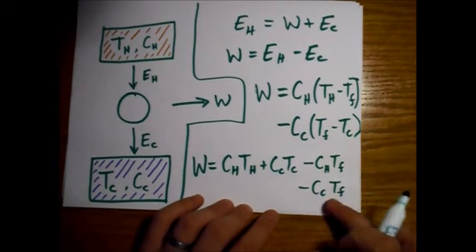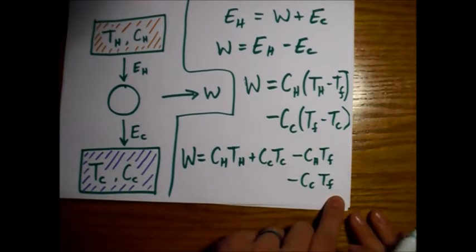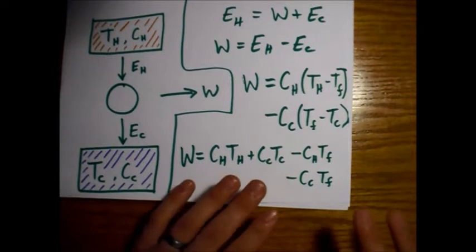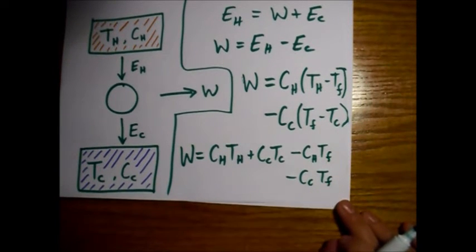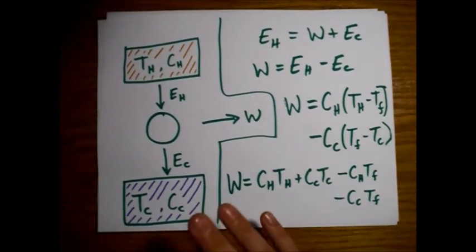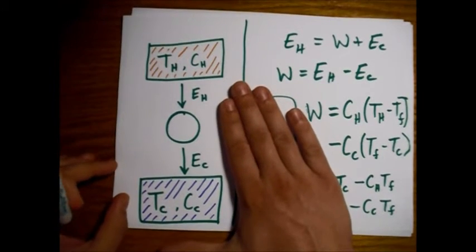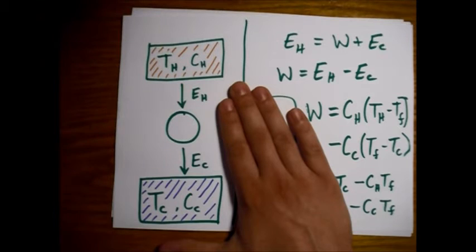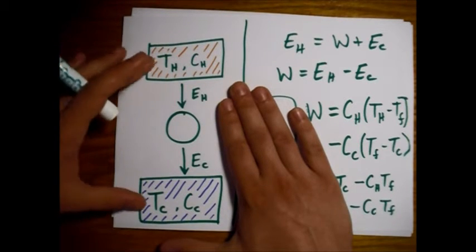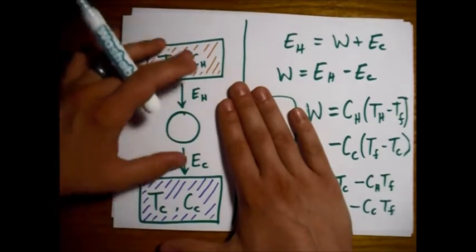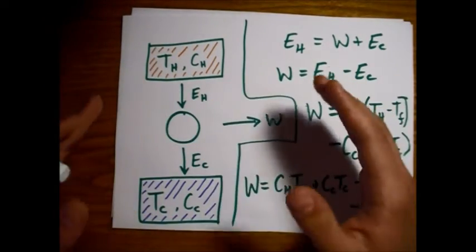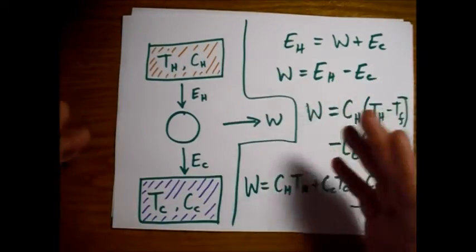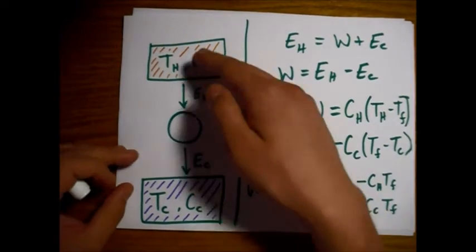All right, so we could combine these terms if we want to, but we've solved the problem, except we don't know what the final temperature is, right? So suppose we weren't taking any energy out in the form of work. These would just come to the same temperature, which would be based on the heat capacity, sort of a weighted average of their temperature.